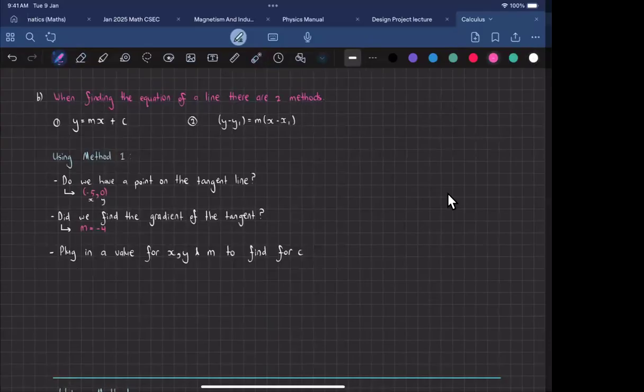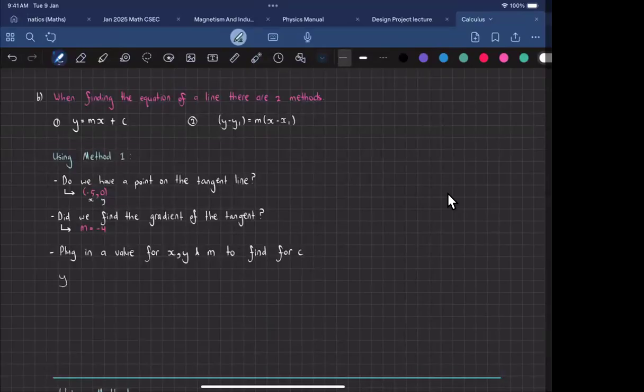First thing you ask yourself: do we have a point on the tangent? Yes, (-5, 0), that's the x and the y value. Do we have the gradient? We do, it's -4. So you plug the values for x, y and m in to find c. So watch what we're going to do.